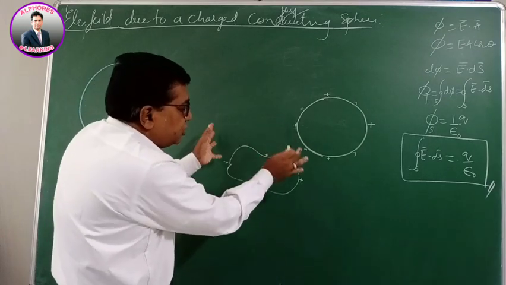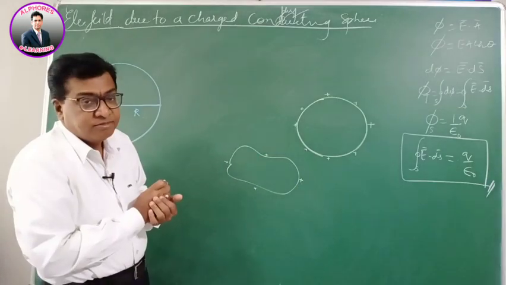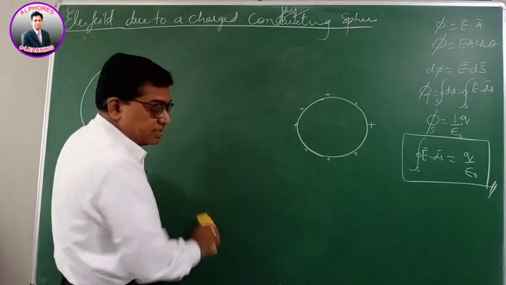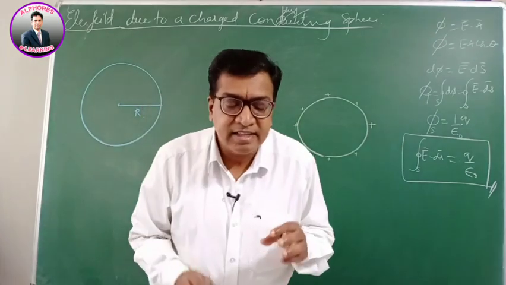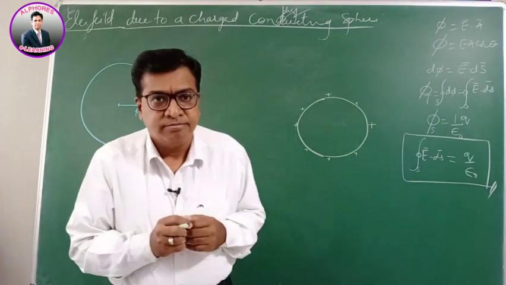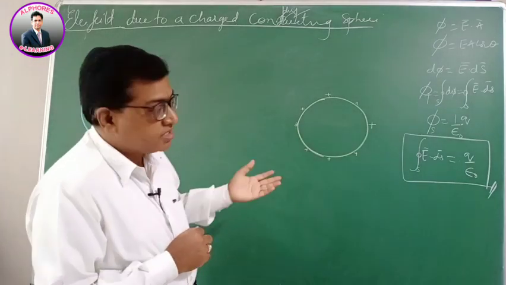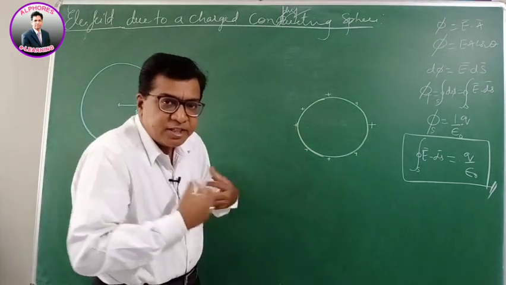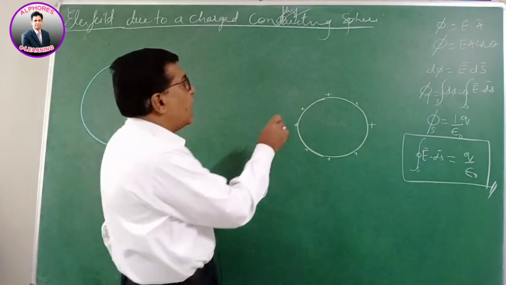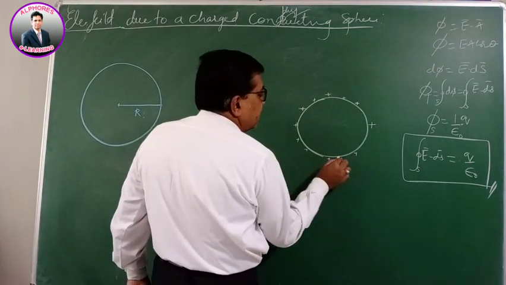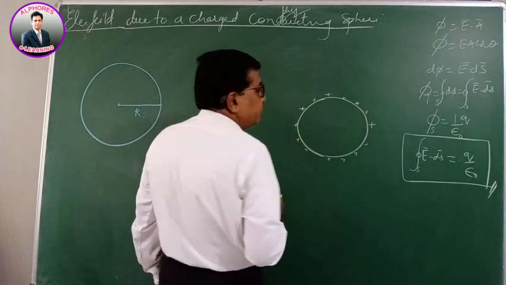So the charge is distributed uniformly, such that equilibrium is maintained, because in a conductor the charges repel. The charges that are given experience force. They move away to the outermost surface. They stretch out like this.